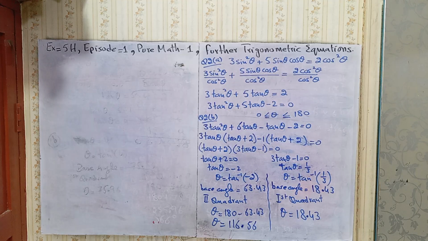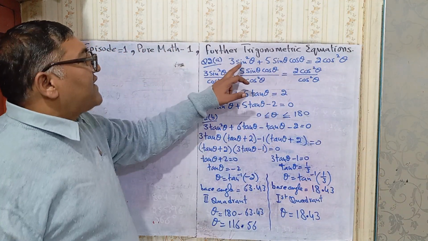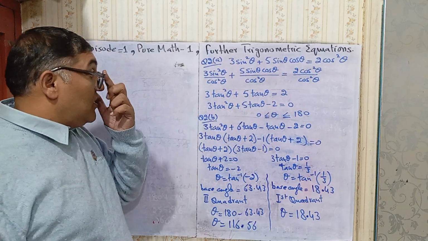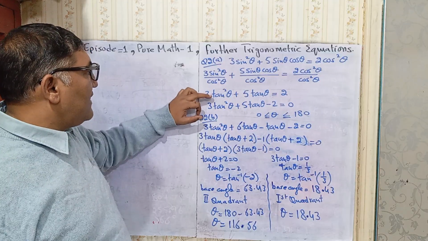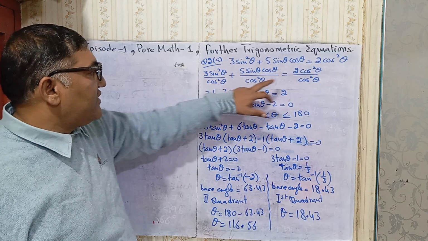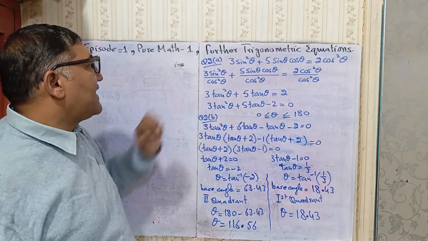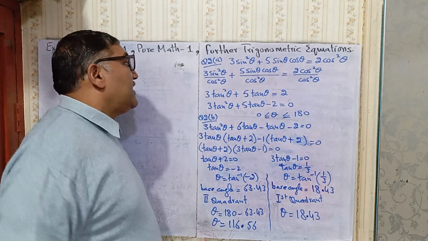So you have 3 sine square theta plus 5 sine theta cos theta equals 2 cos square theta. I will divide every term by cos square theta. Why? Because I want tan square theta here.